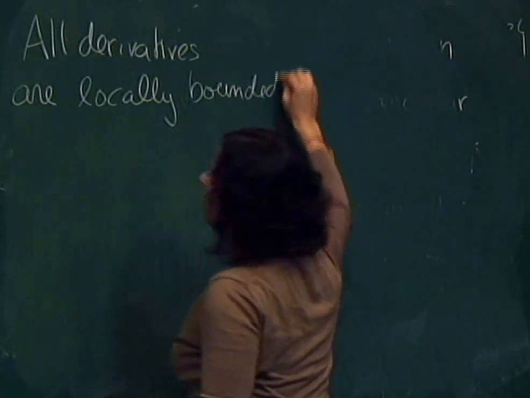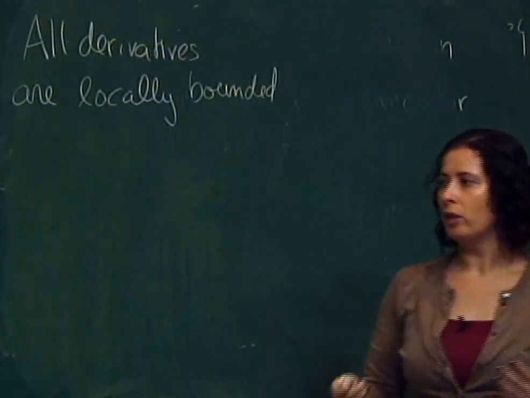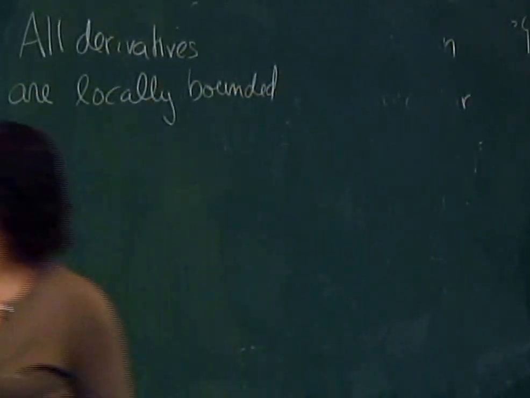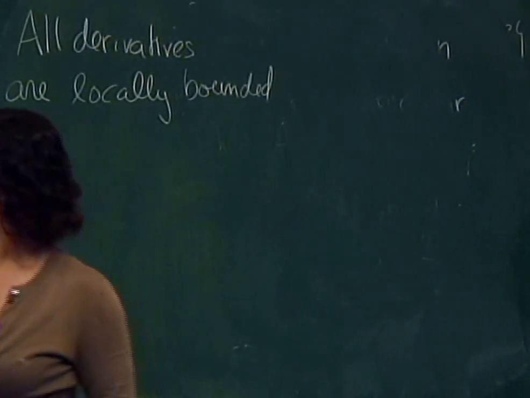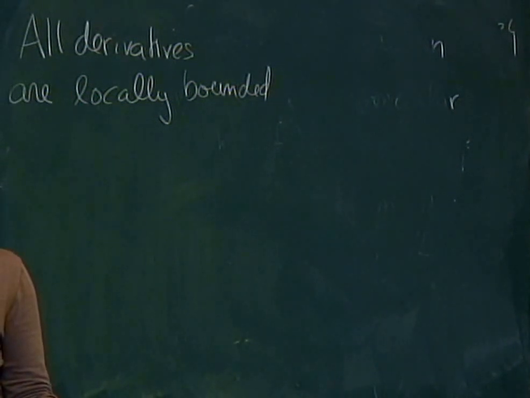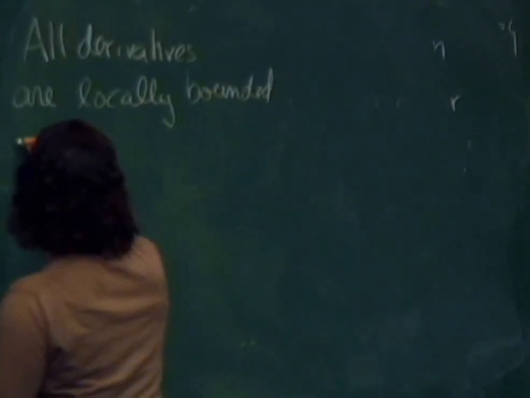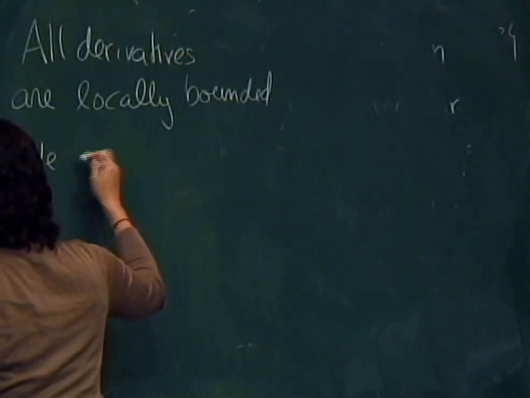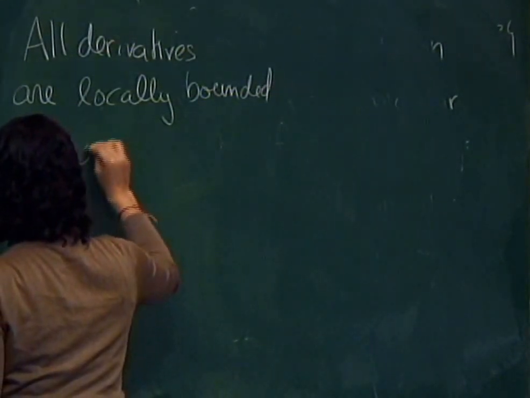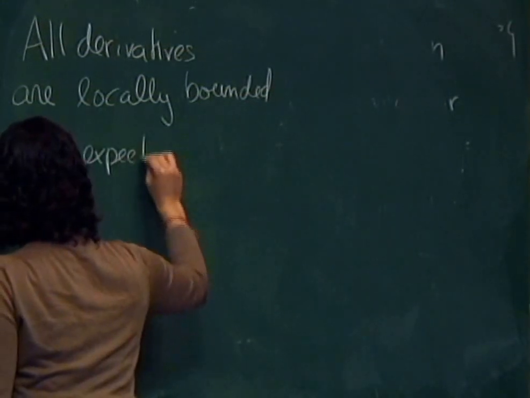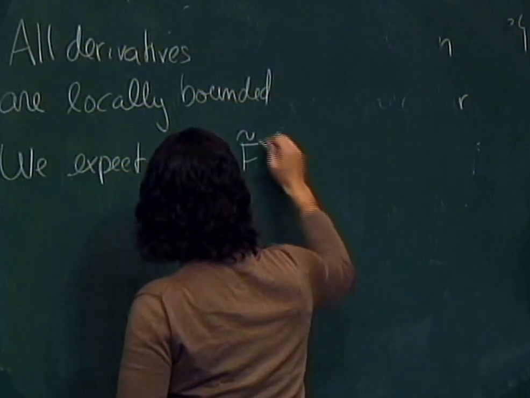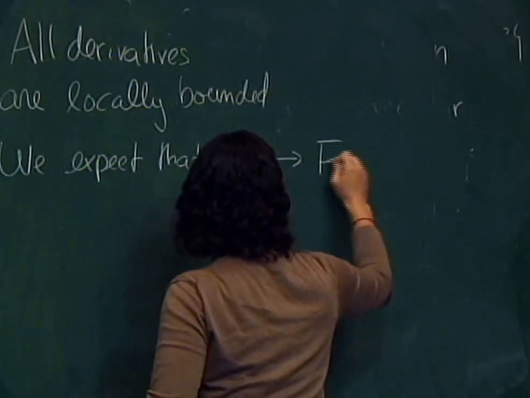So now you have a sequence of surfaces that have all the derivatives bounded. And what would you expect in that case? One would expect that when S goes to infinity, this is converging to something. So we would expect that F tilde is converging to some F infinity.